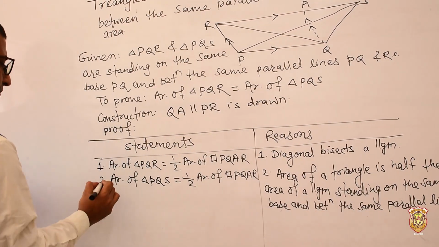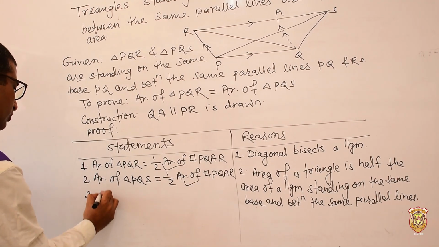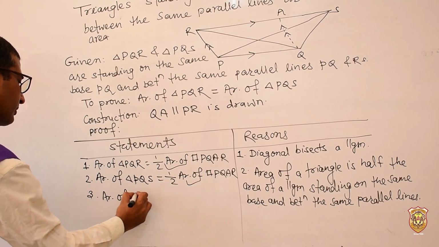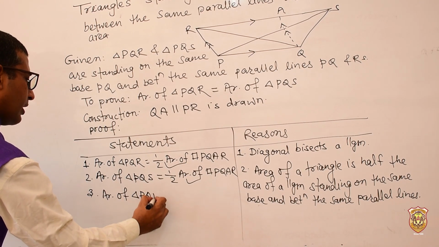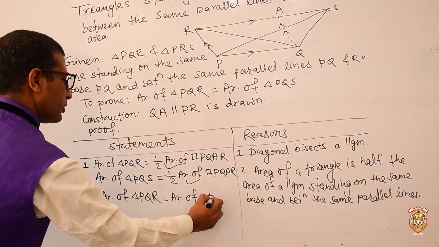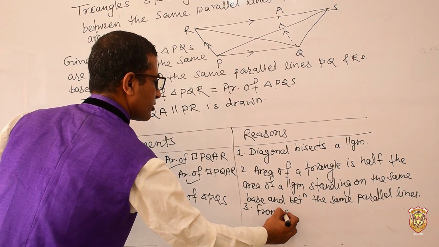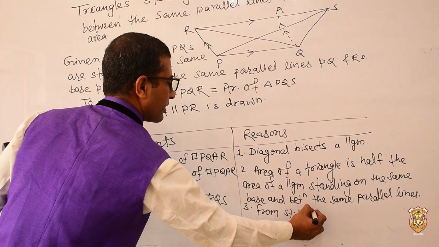And from first and second, if RHS of both are equal, so LHS must be equal. Area of triangle PQR is equal to area of triangle PQS, from statements first and second.